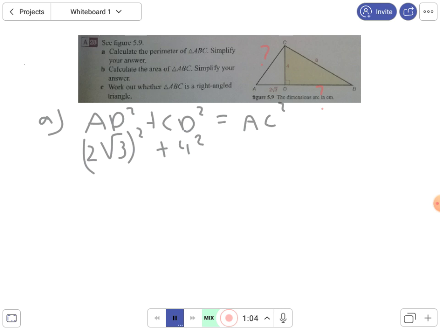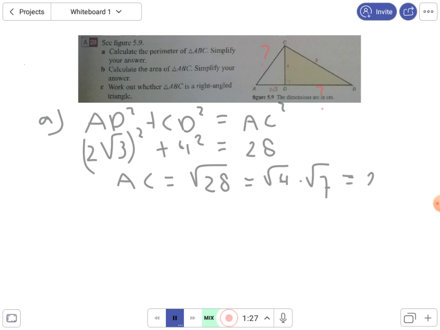When you calculate this, you get 28. So that means AC is the square root of 28, and you need to simplify your answer. So that means square root of 4 times the square root of 7, because 4 times 7 is 28. And that's equal to 2 square root of 7.